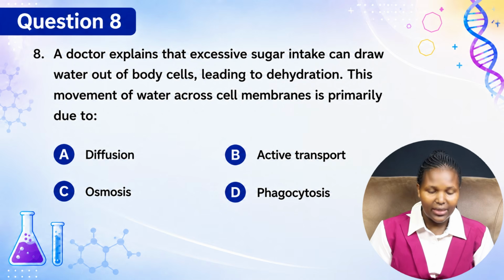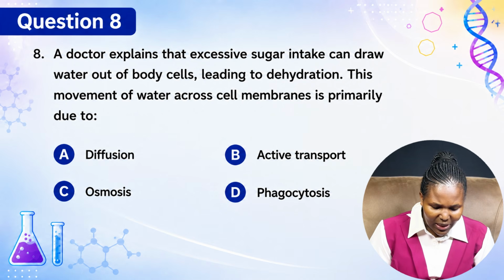Now, question number 8. A doctor explains that excessive sugar intake can draw water out of body cells, leading to dehydration. This movement of water across cell membranes is primarily due to. Okay, very good question here, question 8. So we have option A, diffusion, option B, active transport, option C, osmosis, and option D, phagocytosis.